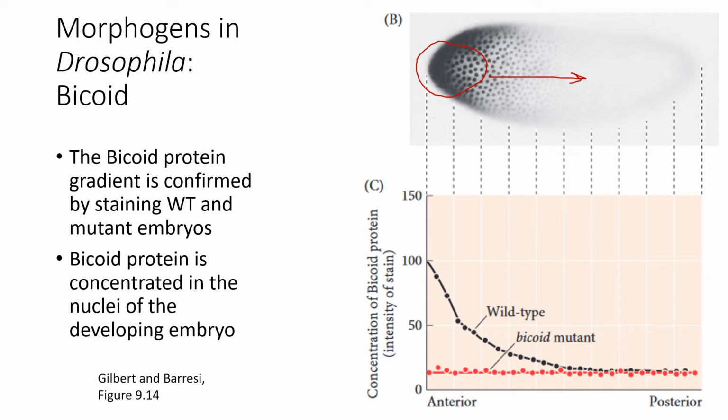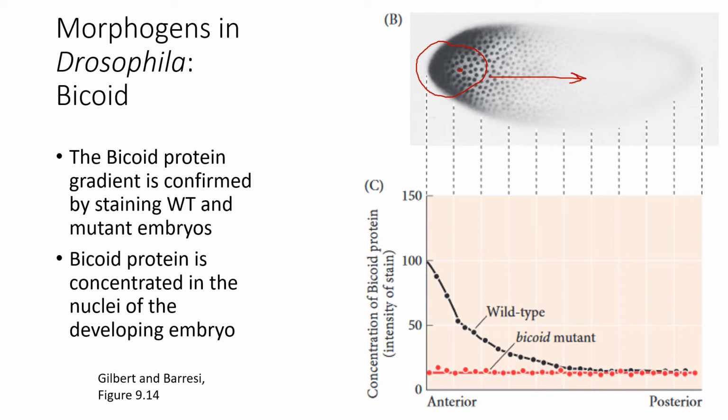And you can also see that unlike the image on the cover slide that was stained for bicoid mRNA, this image, stained for bicoid protein, shows that the protein is most concentrated in the actual nuclei. The mRNA would be what is actually diffusing across the entire syncytium, but the proteins would only be produced and concentrated in the nuclei at this point.